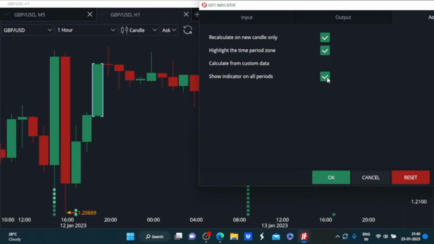Now this particular option opens up the possibility of having different indicators in use on different time frames, while at the same time making the chart look clean, as the chart is not going to get too cluttered even if we have multiple indicators, and those indicators are separately available on different time frames, but not at the same time.